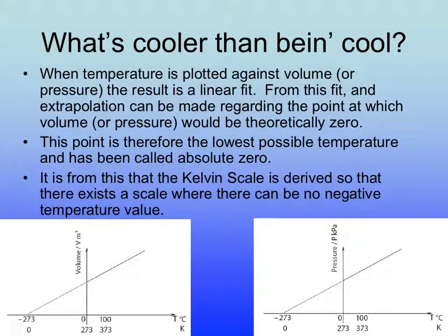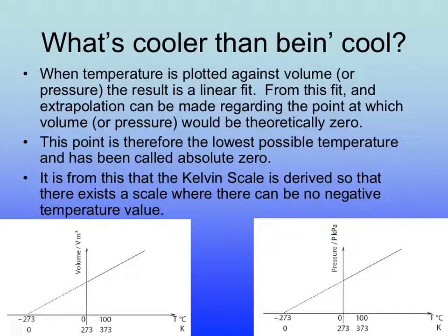This idea of the relationship between volume, pressure, and temperature also led to the establishment of the Kelvin scale. What scientists did was they started making all these measurements of temperature and pressure and volume, and ended up plotting temperature against volume, and this gave them a linear fit.